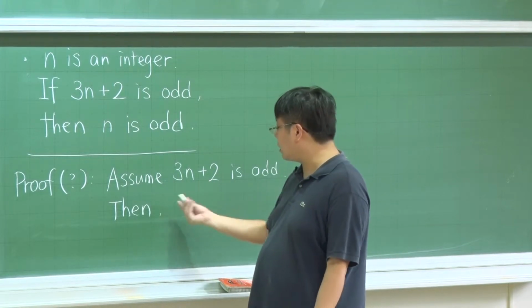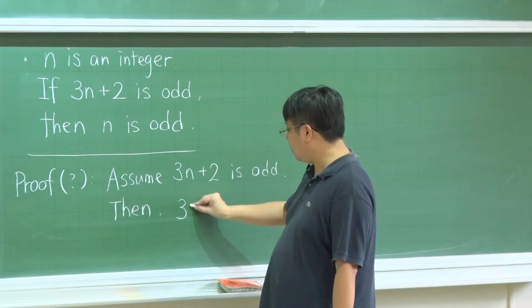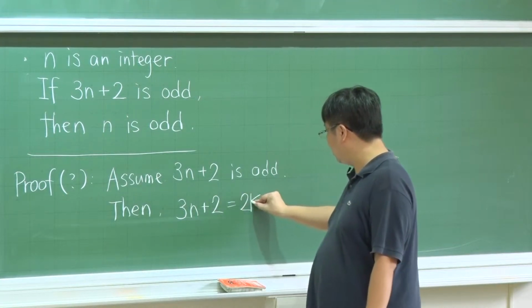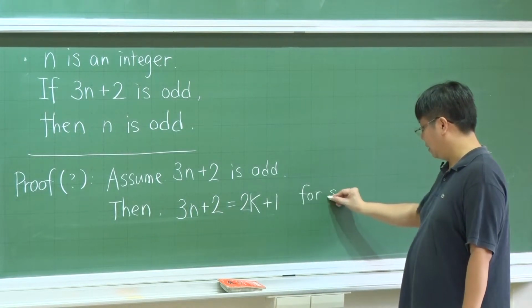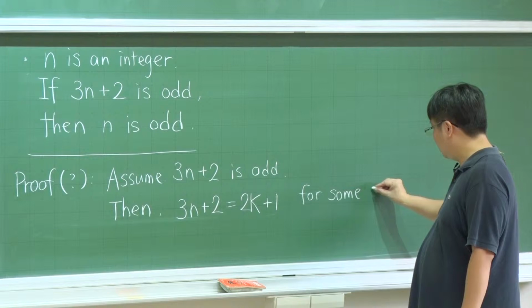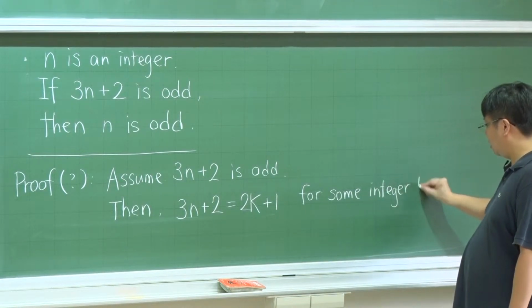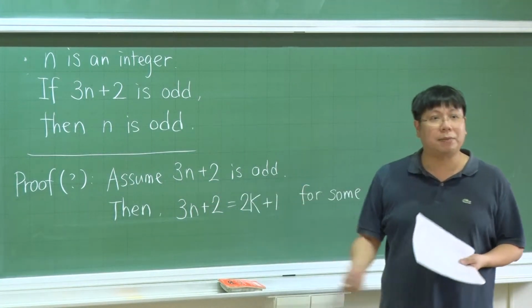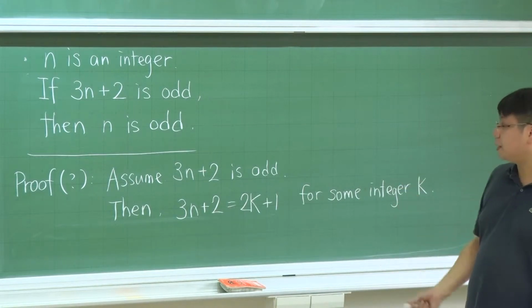Of course, you can write down 3n plus 2 is equal to 2k plus 1 for some integer k.